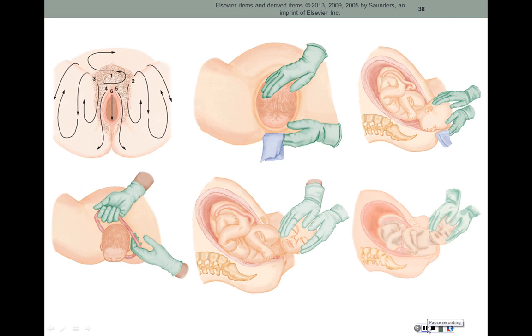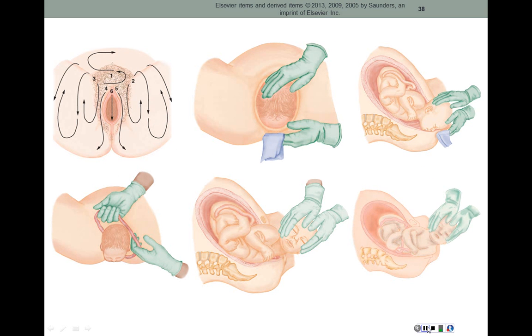So this is just an illustration of the sequences of delivery that occurs and how the obstetrician will help manipulate baby and protect baby when baby's being born. In the second picture on the top row, you see they have a cloth to help wipe away any secretions that occur to keep them from getting on baby's face, especially if mom were to expel some stool during birth.